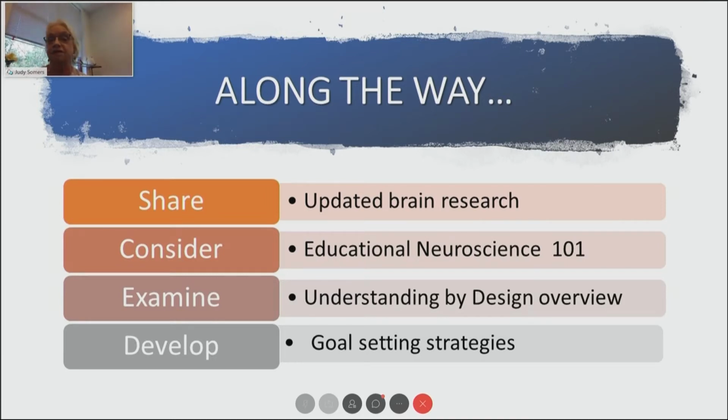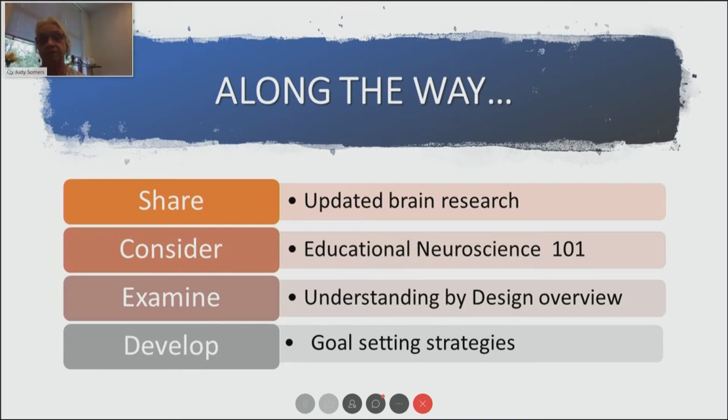As I've read through, it is a logical connection between those two things, and I felt it was some really important information that I wanted to share. So we're going to talk about some of the updated brain research that's out there, take a look at some basics, educational neuroscience 101, very basics, and then an overview of Understanding by Design, and try to get into some of the goal setting strategies.